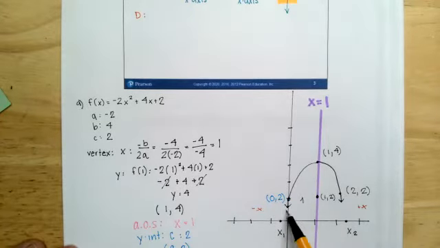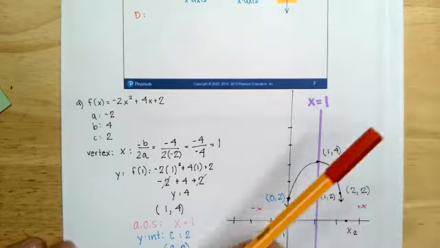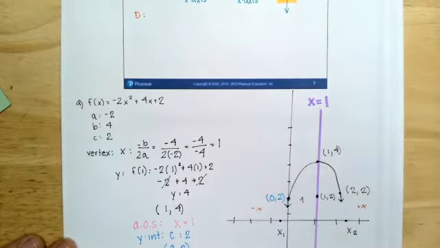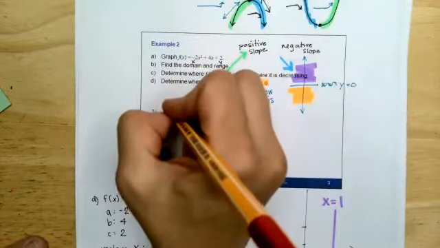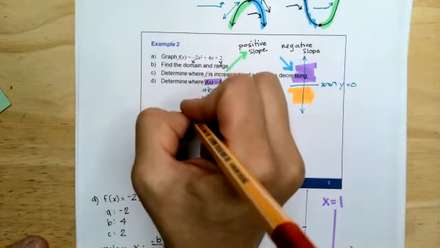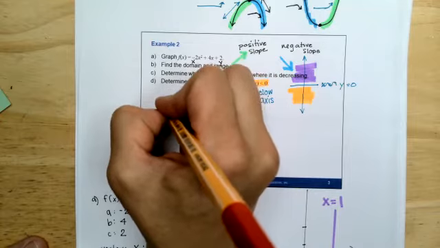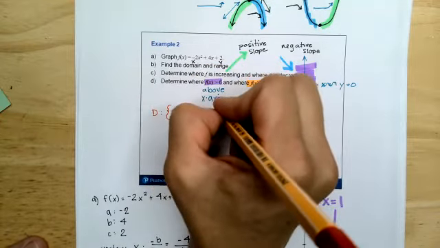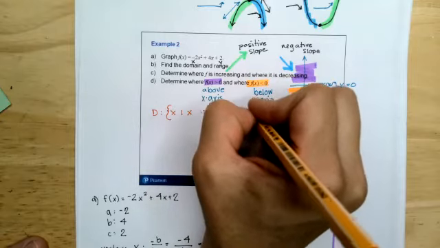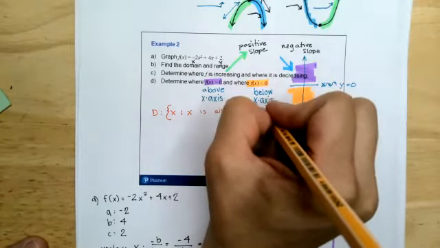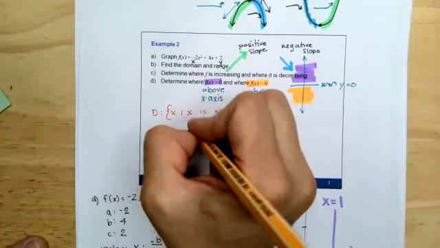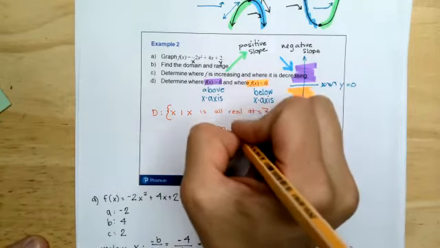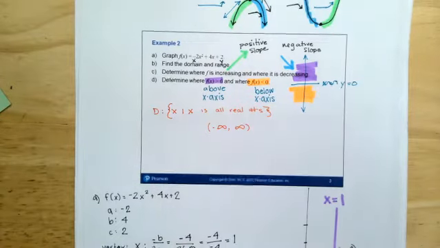Those arrows are going down, but they're also going in the negative x direction and in the positive x direction. So the domain is x such that x is all real numbers, or negative infinity to infinity.